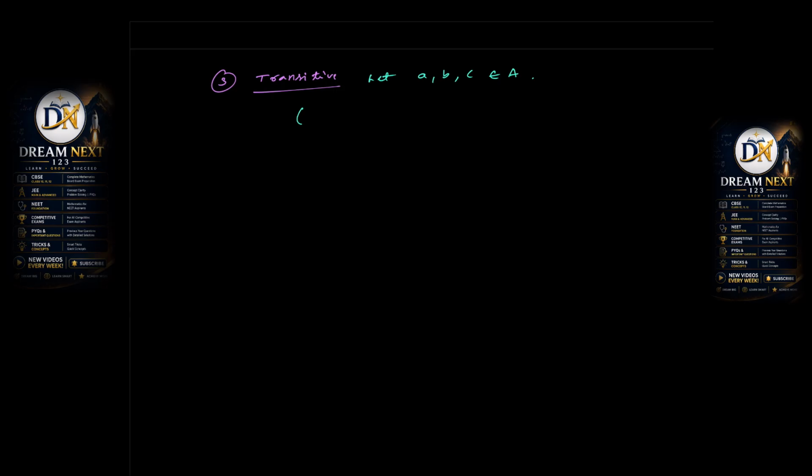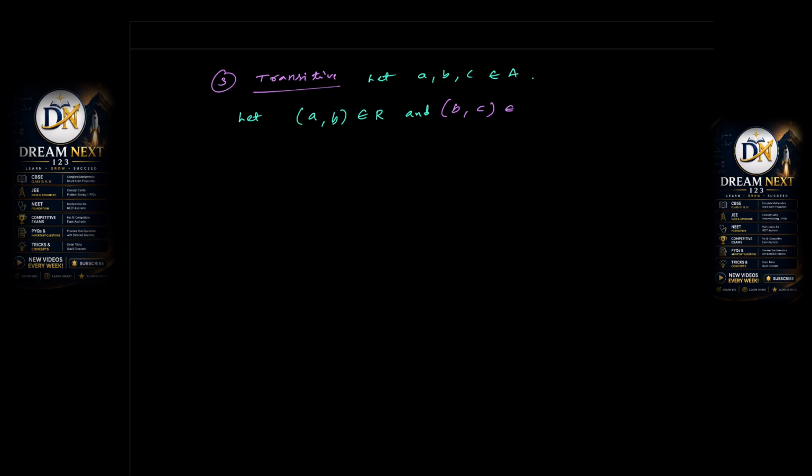First, you need to consider two pairs. The first pair is (a, b), which should belong to R, and you have to observe that the last element here is b. Again, you need to consider a pair which starts with b, for example (b, c).